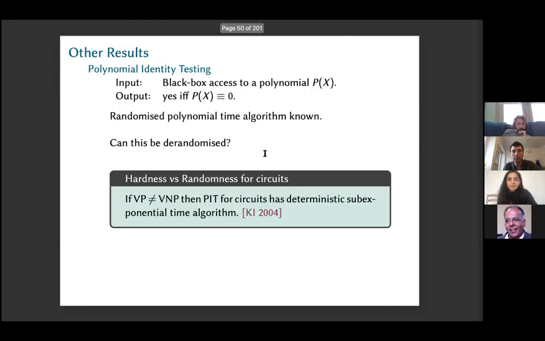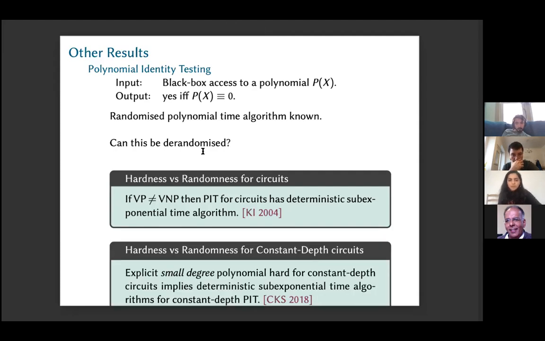And the second result we have is about the polynomial identity testing question I told you about. And this is something we already talked about, right? Just like this statement of Cabanets and Impagliazzo, which says that if you are able to separate VP from VNP, then the polynomial identity testing question has efficient algorithms.